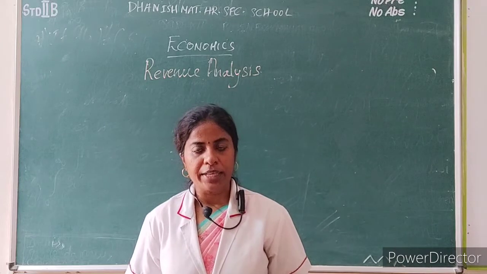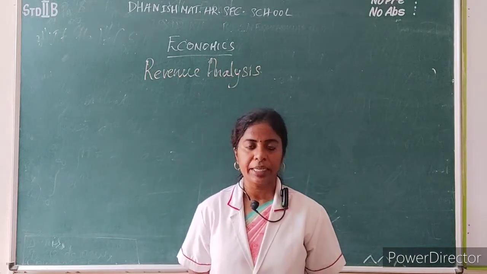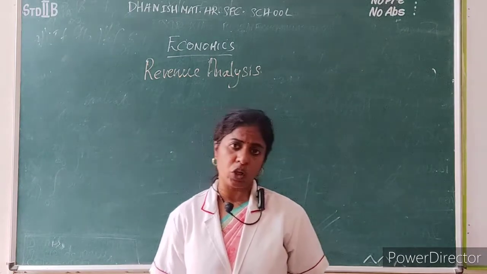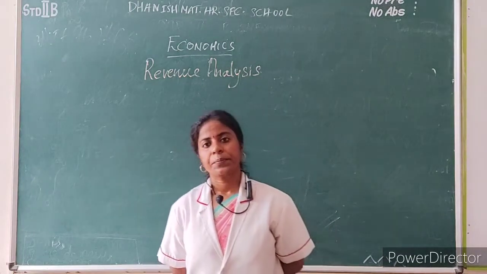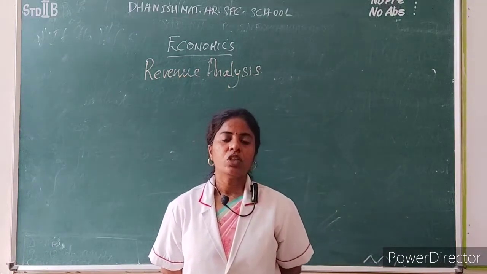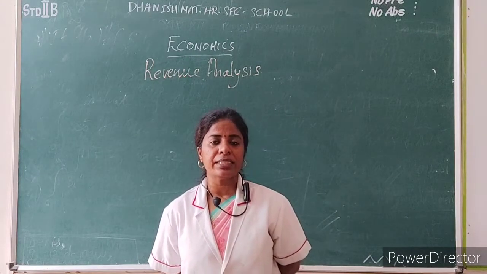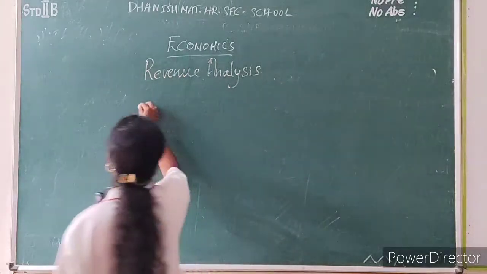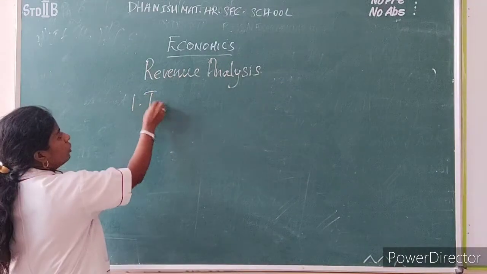It is also known as profit, income. Okay. So revenue is also called profit. It is also called income. So this revenue analysis has three types. So one is total revenue.